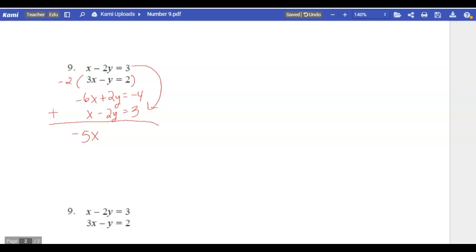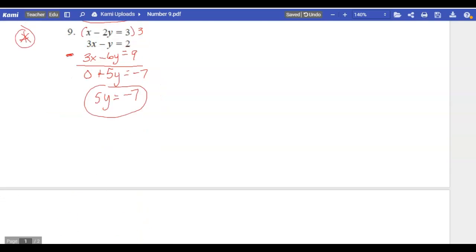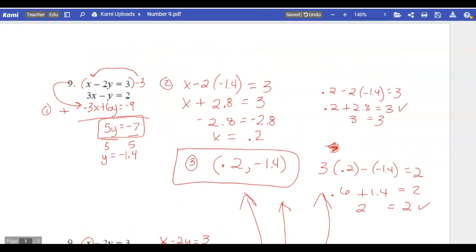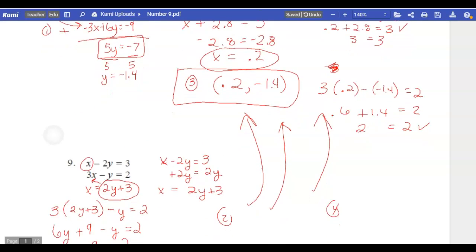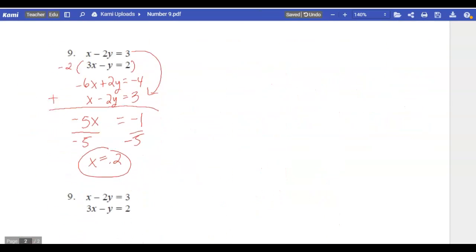My y's cancel. Negative 4 plus 3. It's negative 1. Divide each side by negative 5. X equals a positive 0.2. And if we go back all the way up to the first problem, right here is my positive 0.2. It's another way to do it.